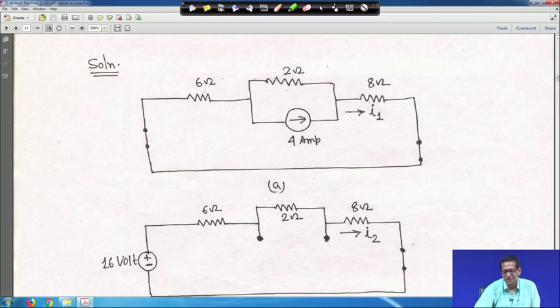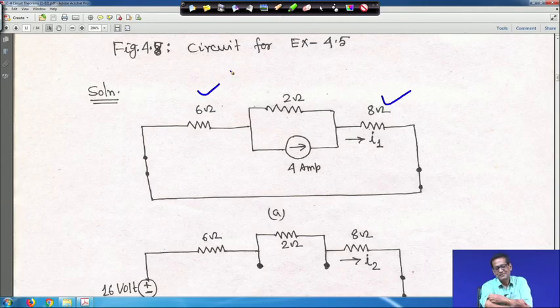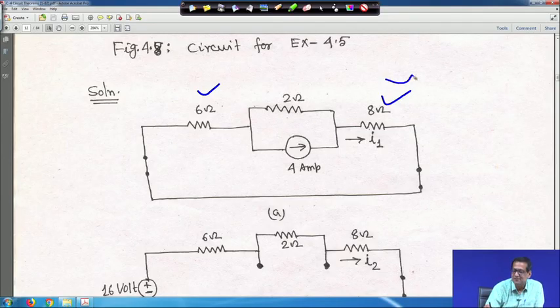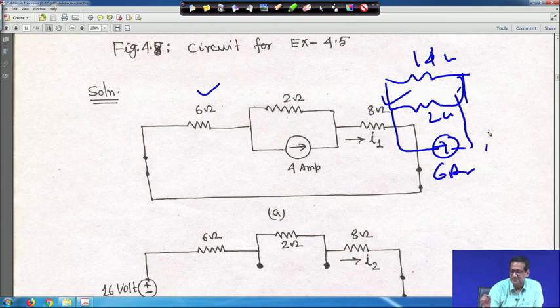So, let us find out what I 1 will be. The 8 ohm and 6 ohm are in series, which makes 14 ohm, and this is your 2 ohm, and with that this current source of 4 ampere is there. All these three are in parallel.